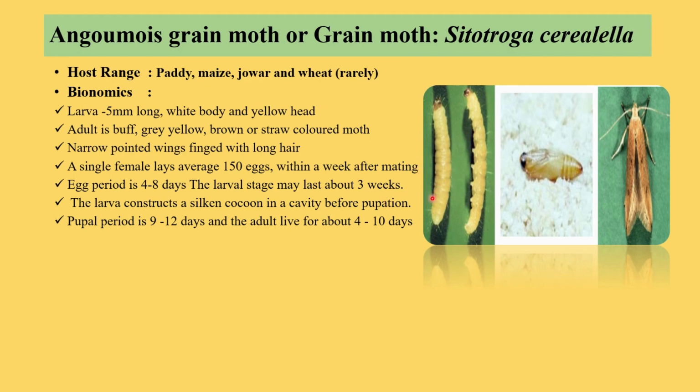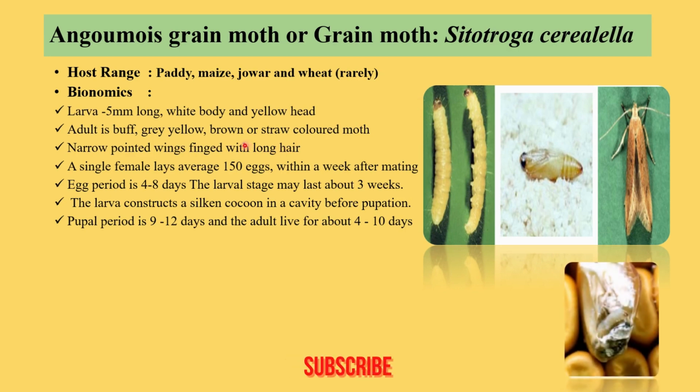A single female lays up to an average of 150 eggs within a week after mating, and the egg period is 4 to 8 days. The larval stage may last up to 3 weeks, and the larva constructs a silken cocoon in a cavity before pupation. Here you can see the silken cocoon made before pupation. The pupal period is 9 to 12 days, and the adult lives for about 4 to 10 days.